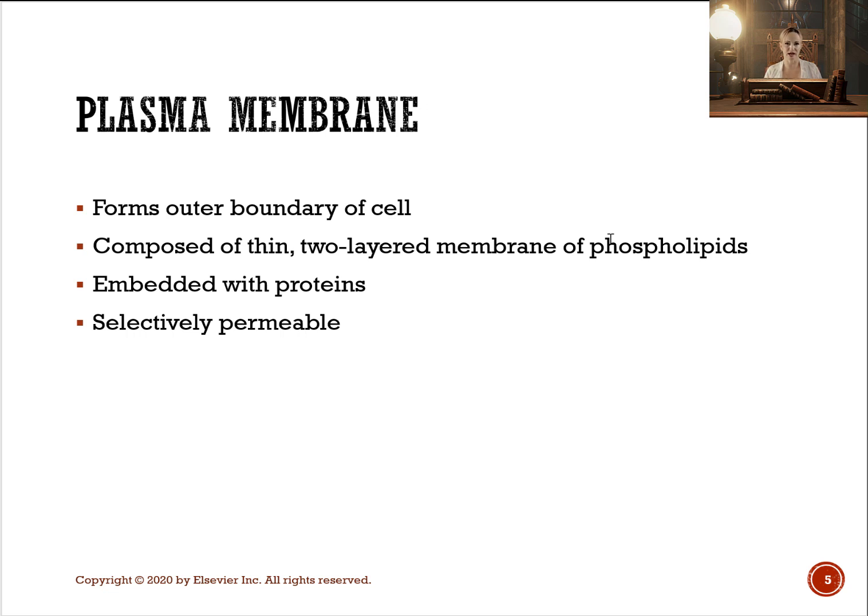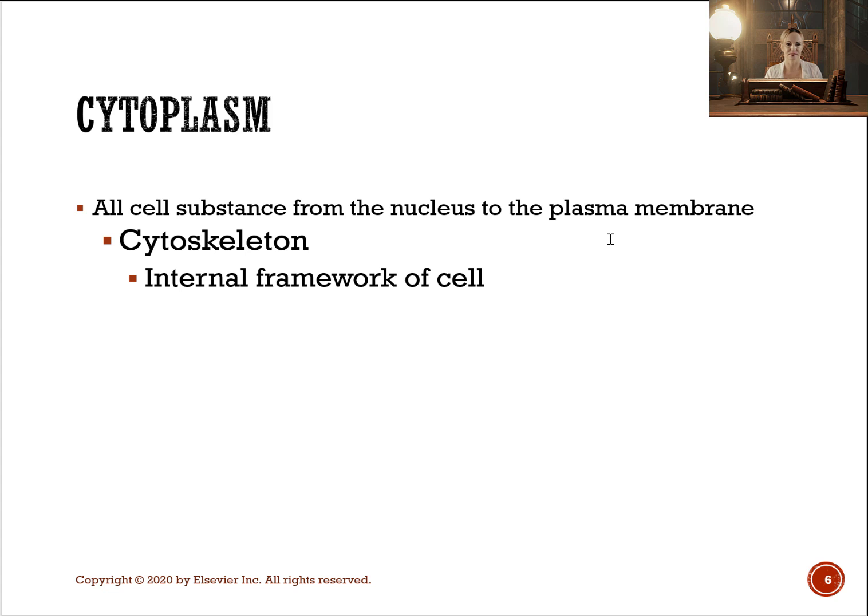It's not permeable, and it doesn't let just anything in and out. It is selective in this. So cytoplasm. All cell substance from the nucleus to the plasma membrane. So this is inside that cell. It's just the cytoplasm. Then you've got the cytoskeleton, and that cytoskeleton is the internal framework of the cell.